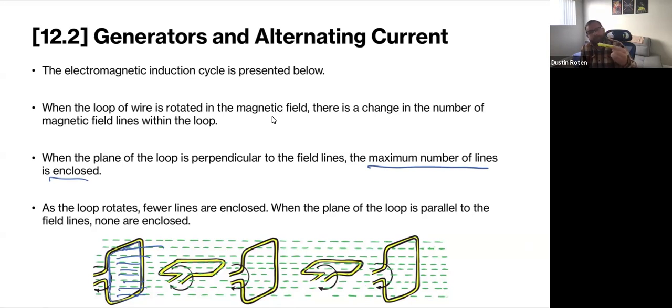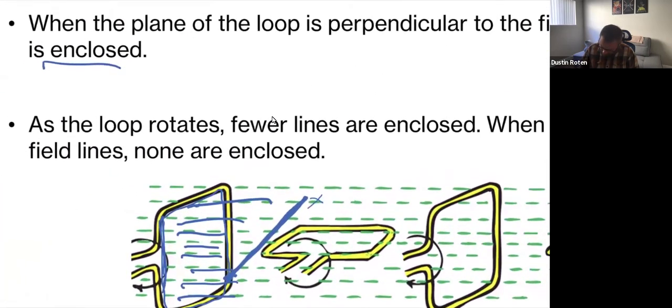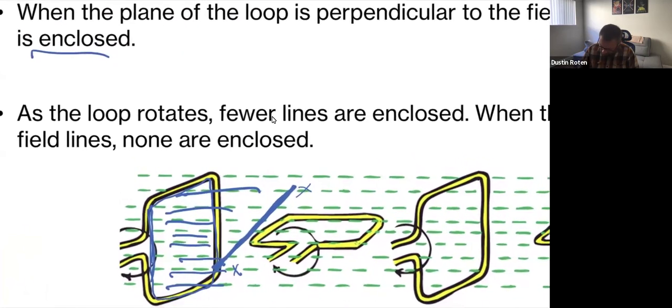Now, as the loop rotates, fewer lines are enclosed. So we start making that little area smaller. We make the window smaller. You can imagine a spot in here where the coil is turned like 45 degrees, which means we start losing some field lines. So maybe this one can't make it through anymore. Maybe this one can't make it through anymore.